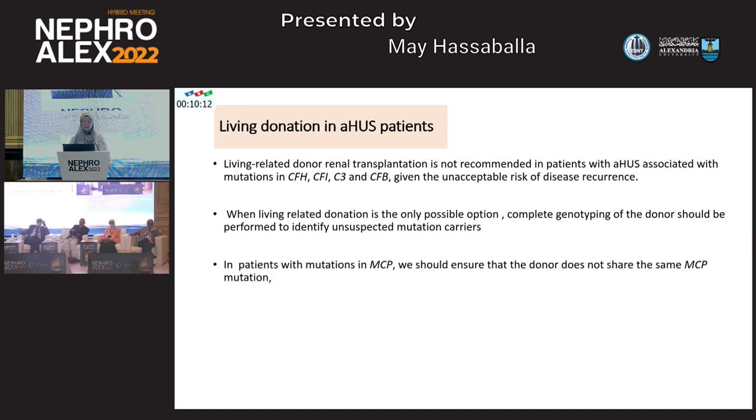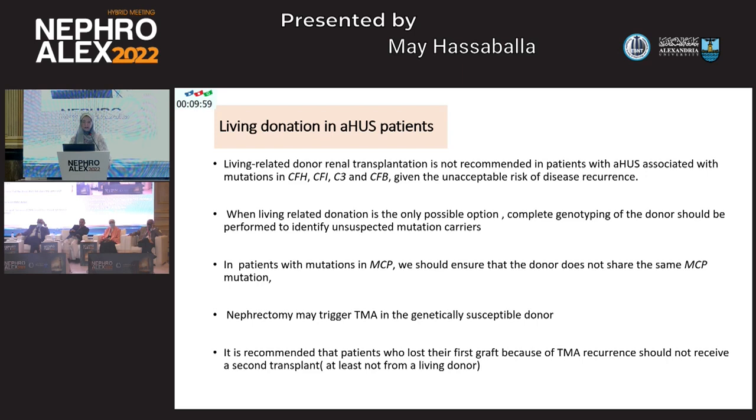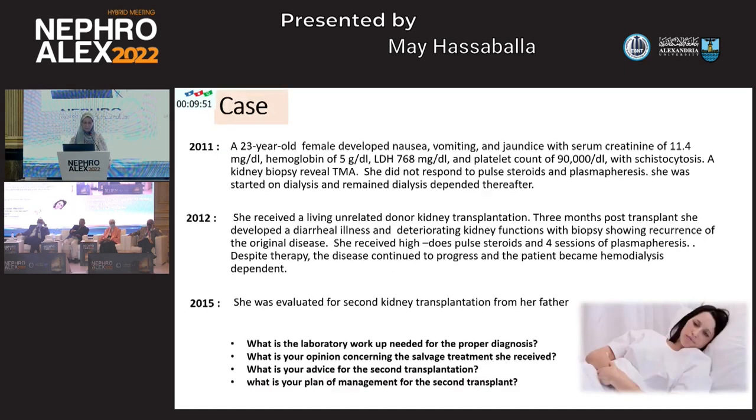In patients with mutations in the membrane cofactor protein, we should ensure that the donor does not share the same mutation. And again, nephrectomy may trigger TMA in the genetically susceptible donor. It is recommended that patients who lost their graft because of TMA recurrence should not receive a second transplant, at least not from a living donor.